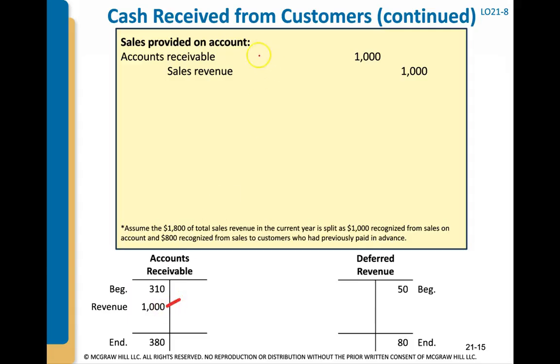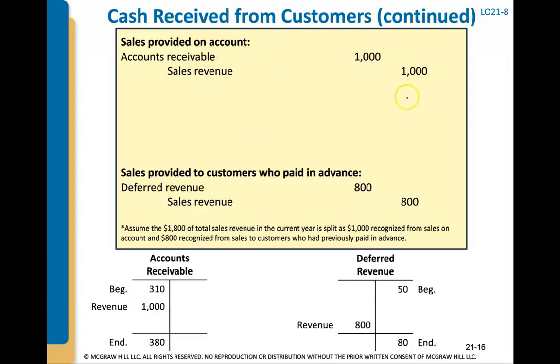We said we got revenue, so we debited accounts receivable for $1,000 and credited sales revenue for $1,000. And then we had some deferred revenue at some point. We had cash received at some point, and now we've earned that revenue. So we're going to debit our deferred revenue and credit our sales. So here you see the debit to the deferred revenue.